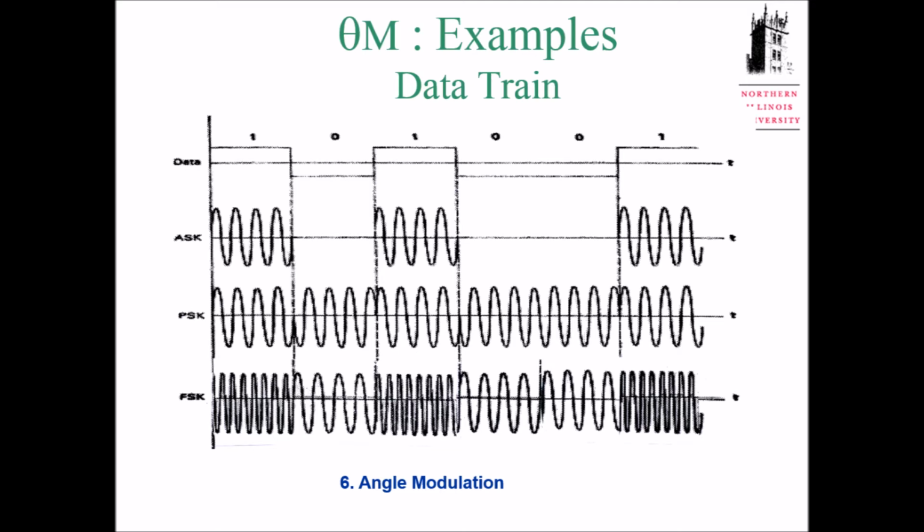So you generally use ASK, PSK, or combine those two together. We call that QAM, where A and P change together. So this is another example, and it is very easy for us to distinguish A, P, and F. Okay. The next example may not be very easy.